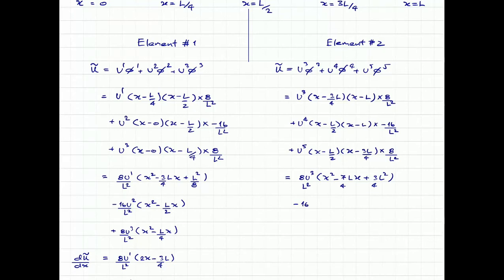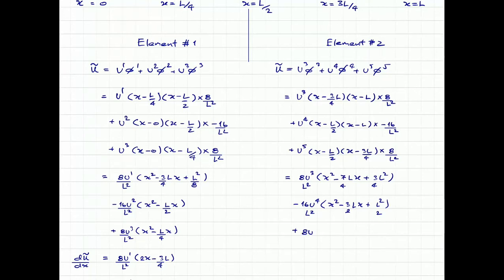Minus 16u4 over L squared times x squared, what is the next one? 1.5, that makes 3 halves, and the last one, plus L squared over 2.